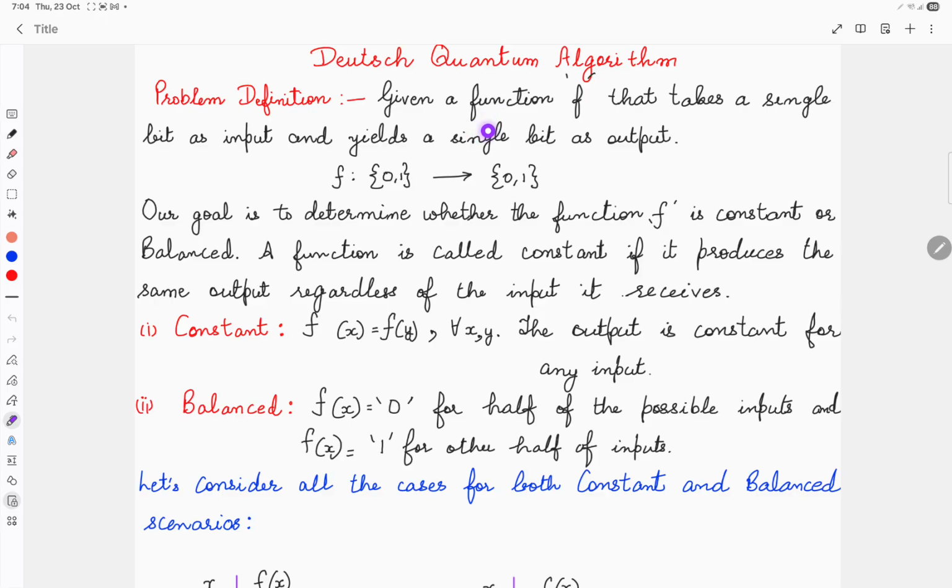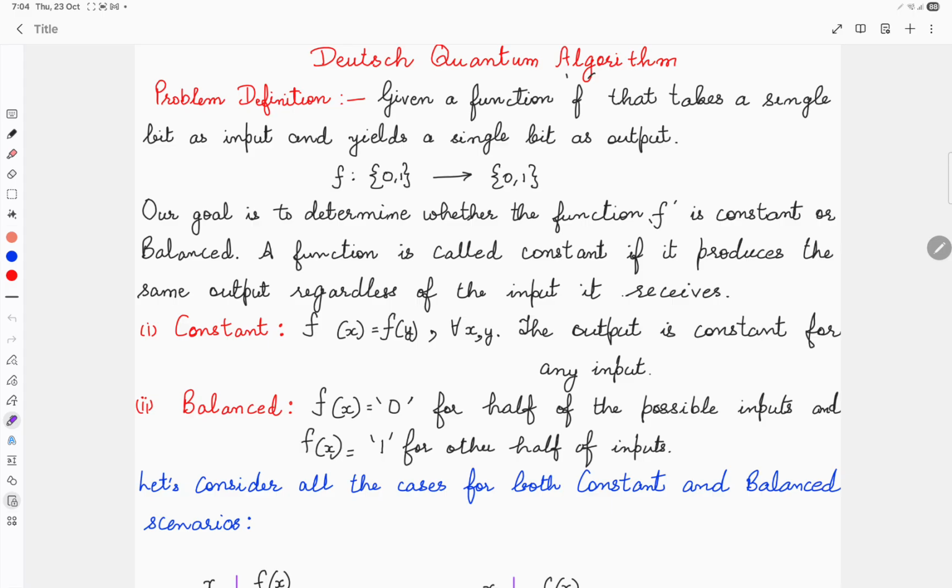And then in the Deutsch-Jozsa algorithm, we will take a similar but slightly more complex problem, and we will see how quantum algorithms give us the quantum advantage.